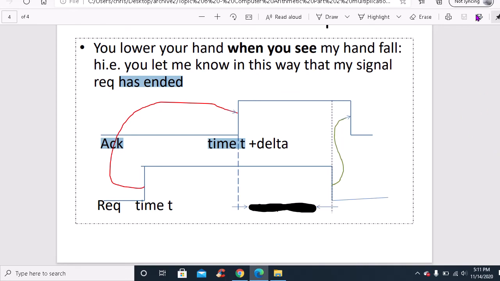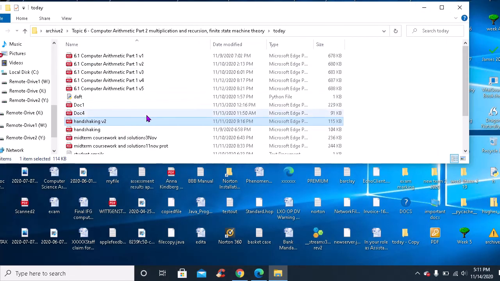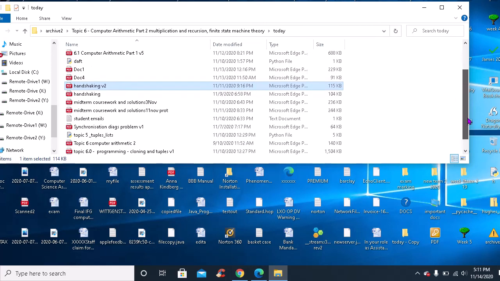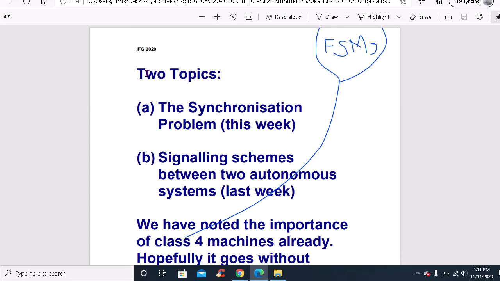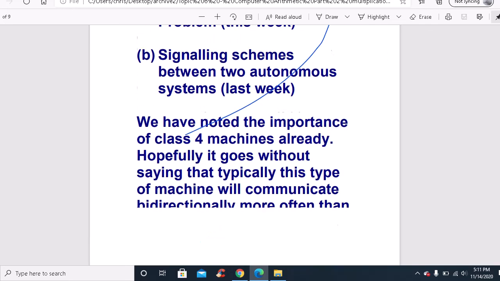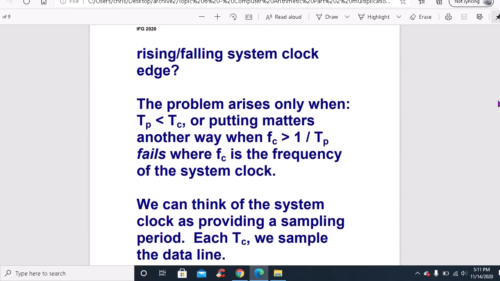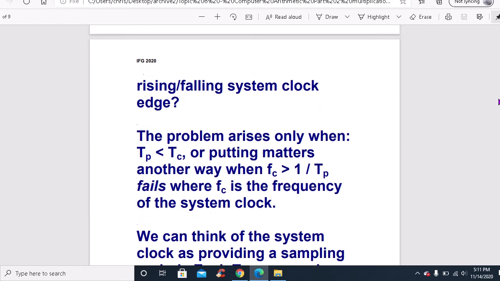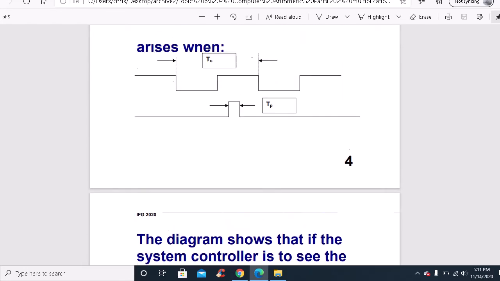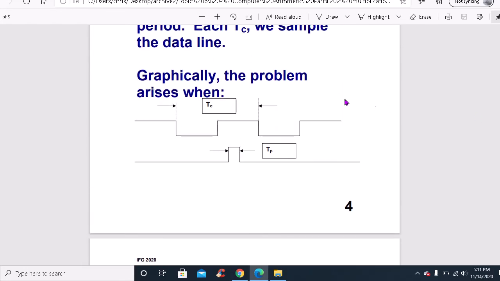And believe it or not, I've just got one other document, if I can find it. I'm just going to show you. I've shown you this document before, but I want you to understand what it means for one system not to be able to see another system. And this is the document I'm referring to. I'm just going to focus on this diagram.